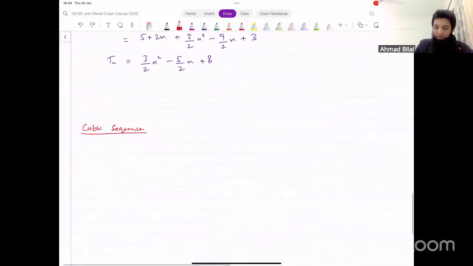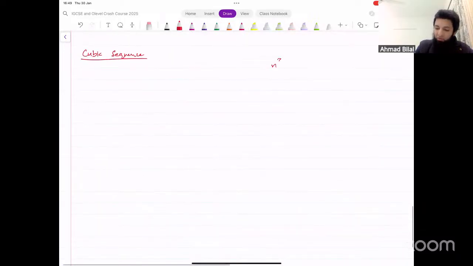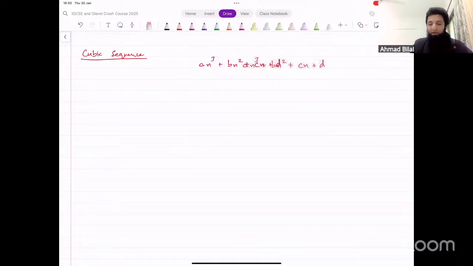For a cubic sequence, the formula would have n cubed. So it's n cubed plus n squared plus n, and then some constant. You might have some coefficients of n cubed, n squared, and n here. That will be a cubic function, a cubic sequence. You can write it as an cubed plus bn squared plus cn plus d. The nth term formula for the sequence is going to look like this. Okay. At the end, if you simplify everything, this is what you should get.